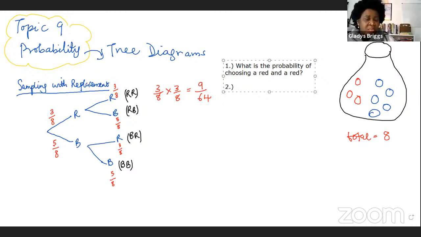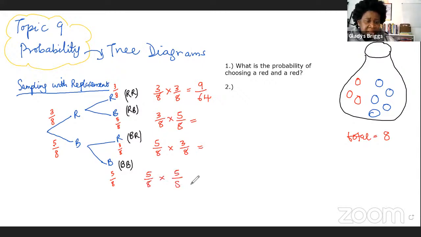Excellent. Well done. So you need to work them all out. 3/8 times 5/8. And then 5/8 times 3/8. Then 5/8 times 5/8.